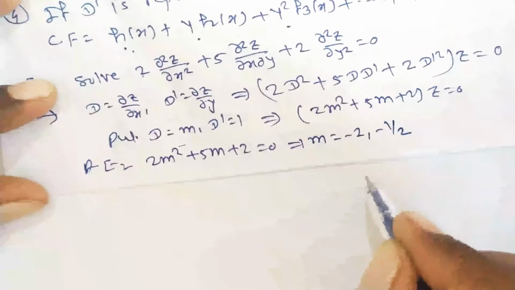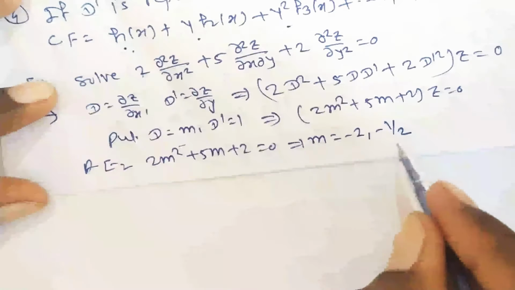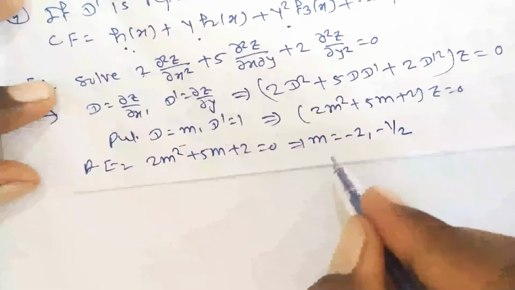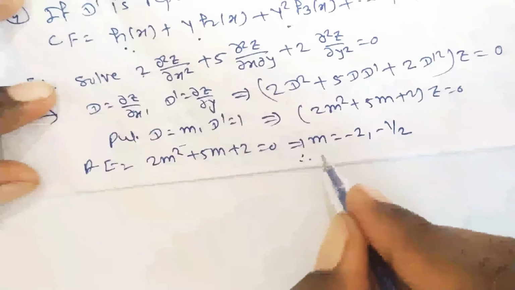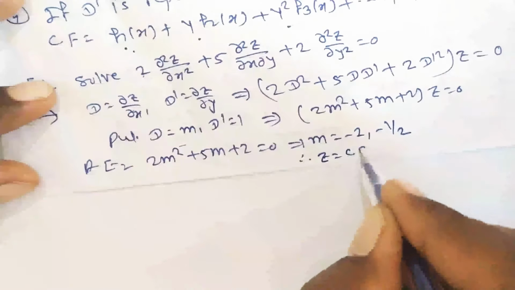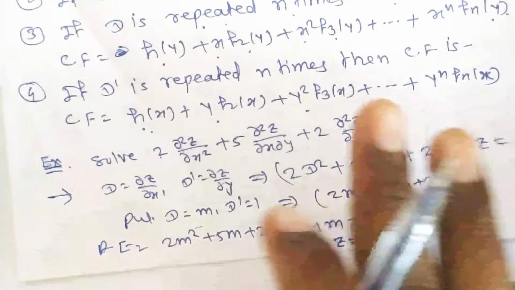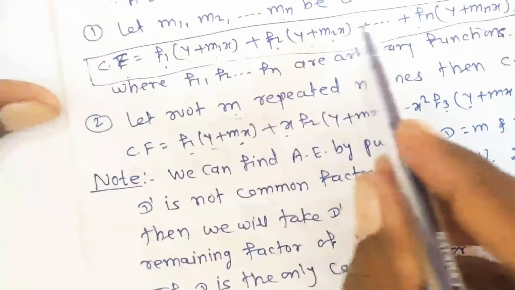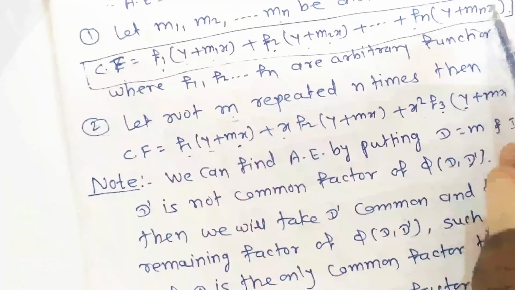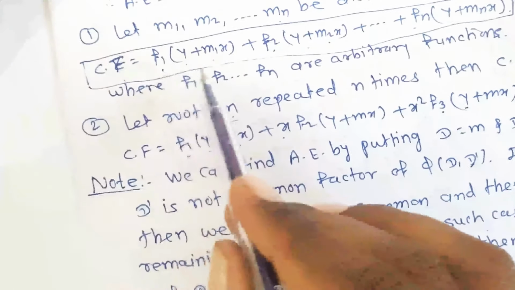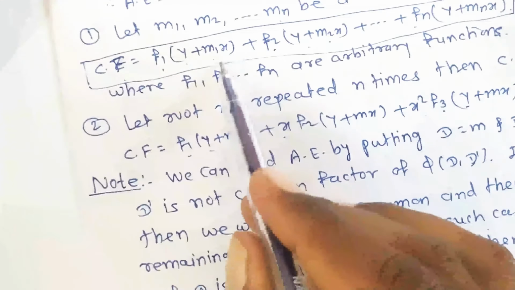So the roots are distinct, -2 is not equal to -1/2, and therefore the solution of the given partial differential equation is z = CF. If the roots are distinct, m1, m2, ..., mn, then we write the complementary function as f1(y + m1x) + f2(y + m2x).